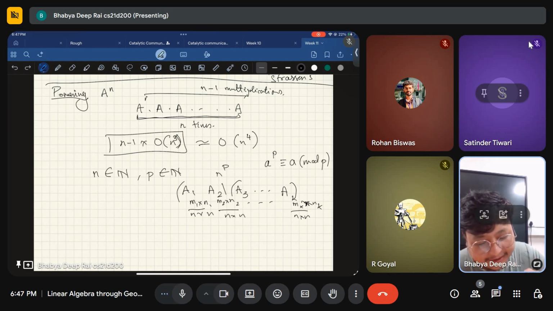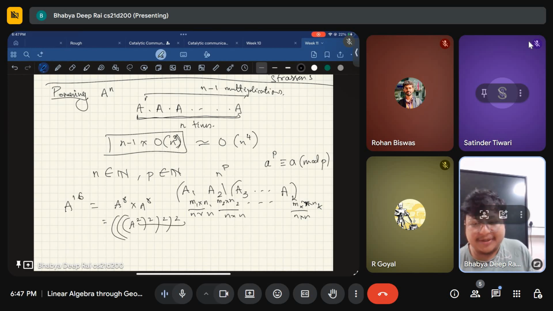Just observe that if I need to do A to the 16, I can write it as A to the 8 times A to the 8. And so this is nothing but A squared, squared, squared, squared. So how many times do I need to do it? Log 16 many times.